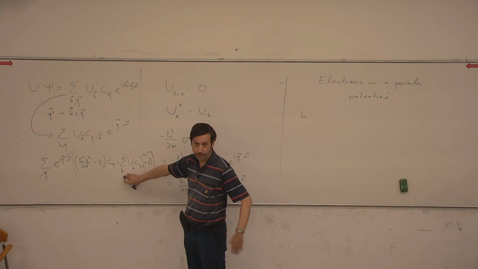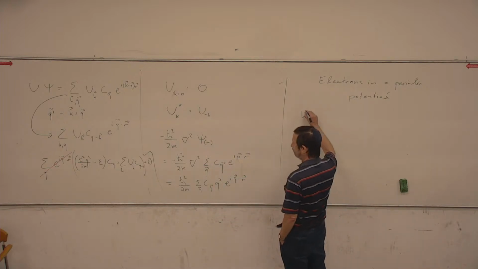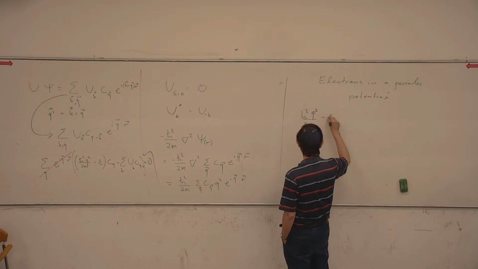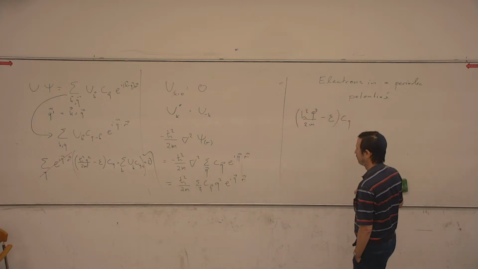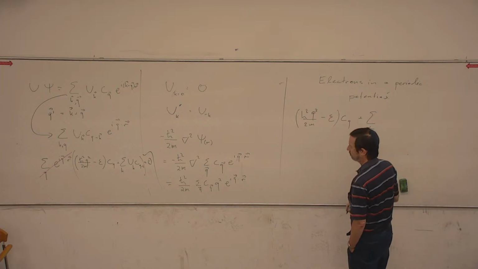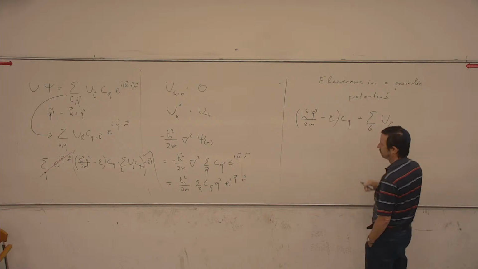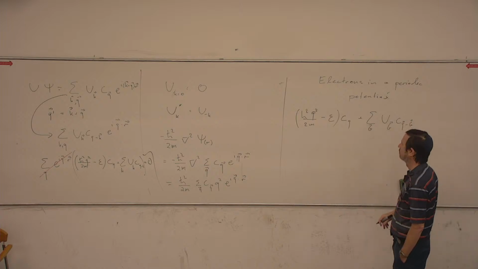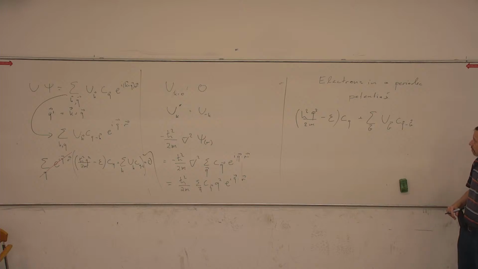Here I just wrote K in general, but it has to be G. Zero.